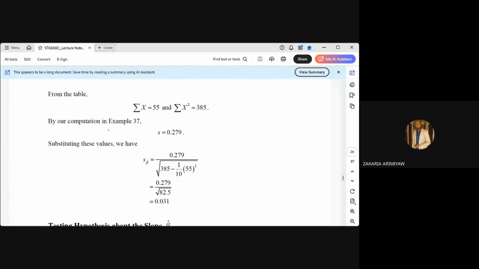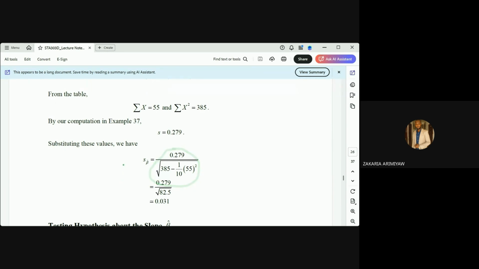So the total of x, we have 55. The total for summation x square, we have 385. In the previous example, we had calculated the standard error of estimate, which is what we have here. So we substitute into the formula.